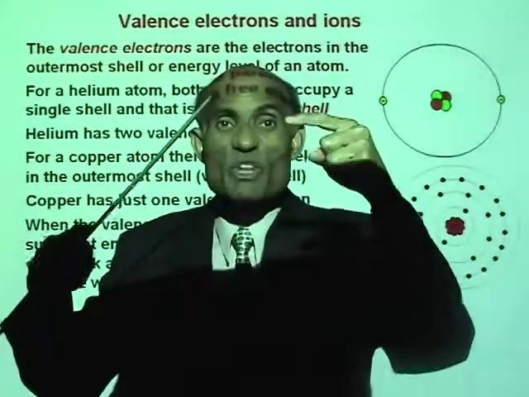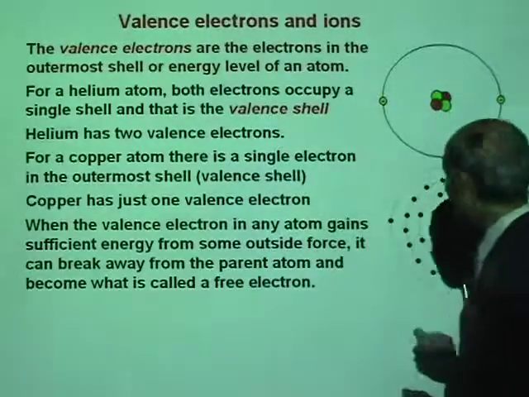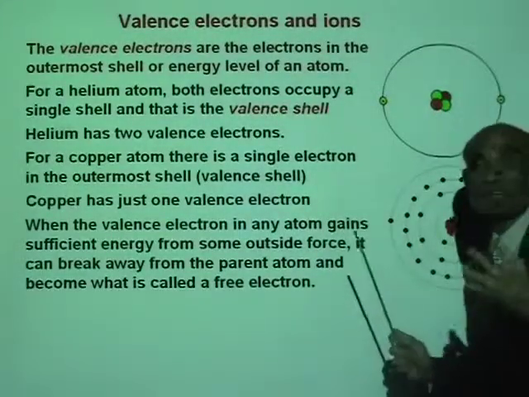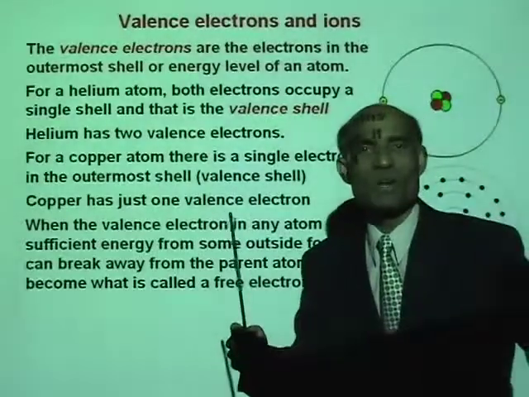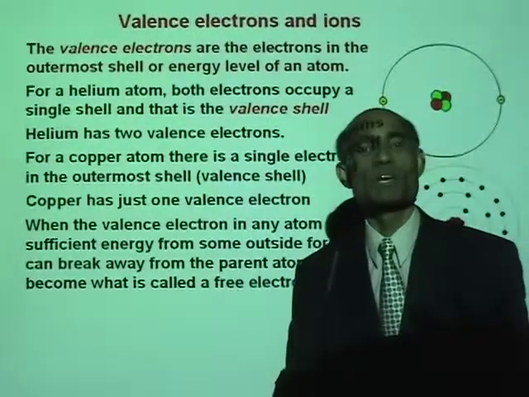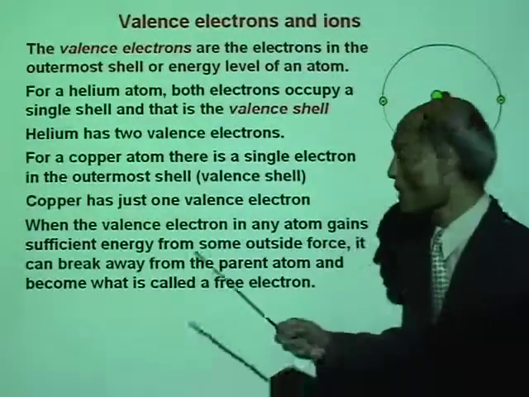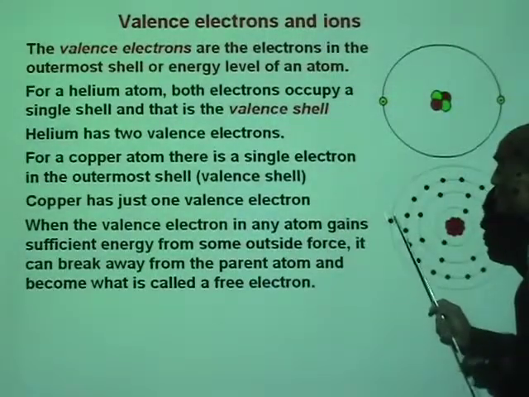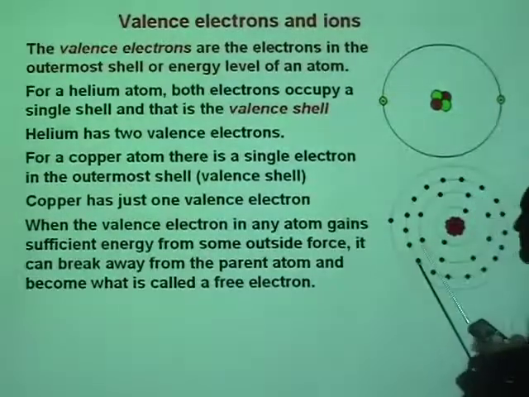That is called the noble gas configuration. So if an atom like this receives sufficient energy from an external source, what kind of external source? It may be heat, it may be electrical discharge, and so on.